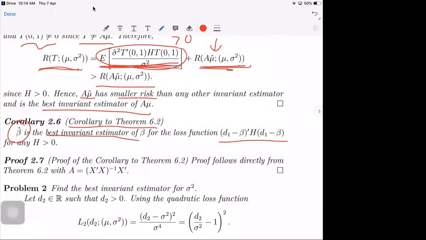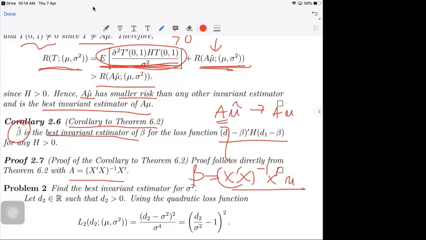And when A in our estimator, A mu hat for A mu, when A is exactly equal to (X prime X) inverse X prime mu, so that is how it is related to, that is why we always use A mu, not just mu.